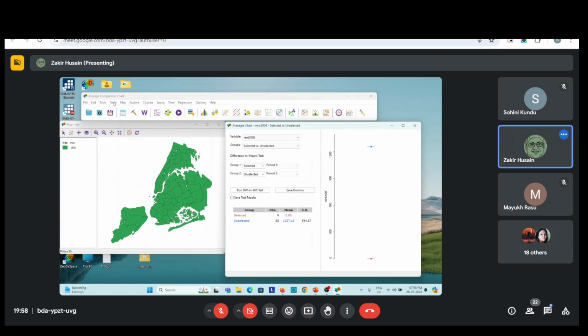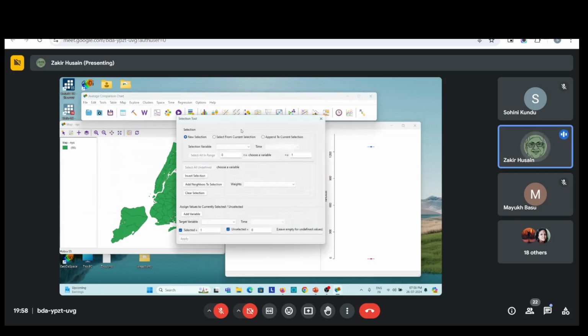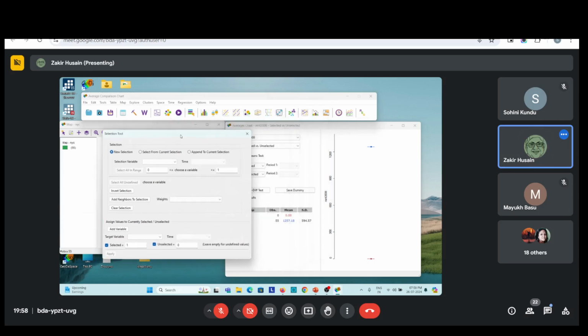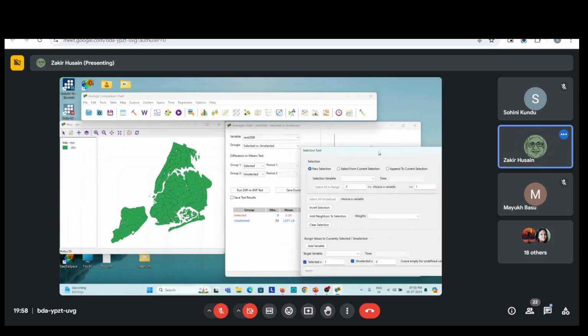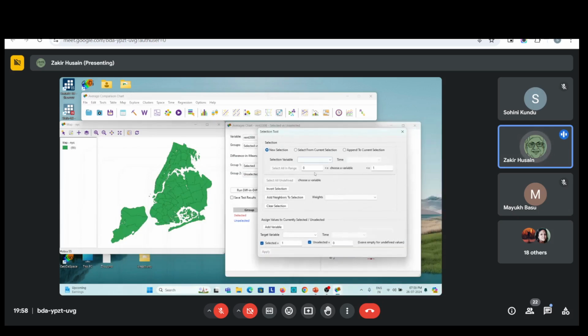Now, let me go to table selection tools. Okay, let me keep this, then I'll move it later on. So selection variable is borough sub, and I make this 300, 310, and select all in range.